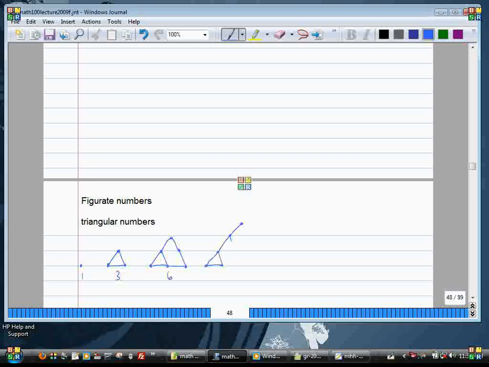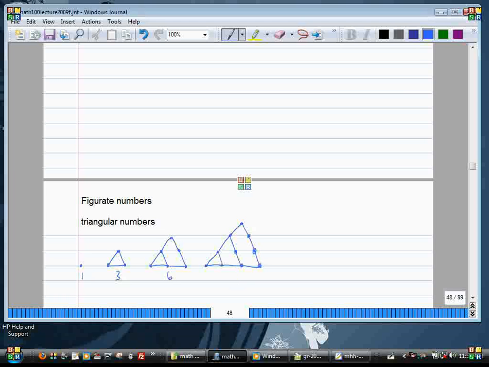Grow the triangle. Grow the triangle. And grow the triangle. How many points do we now have? Okay. Is there a quick way to figure out how many points there are? Absolutely.